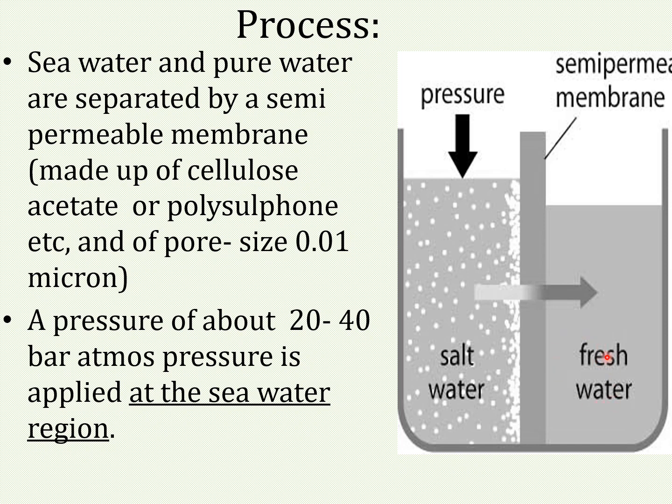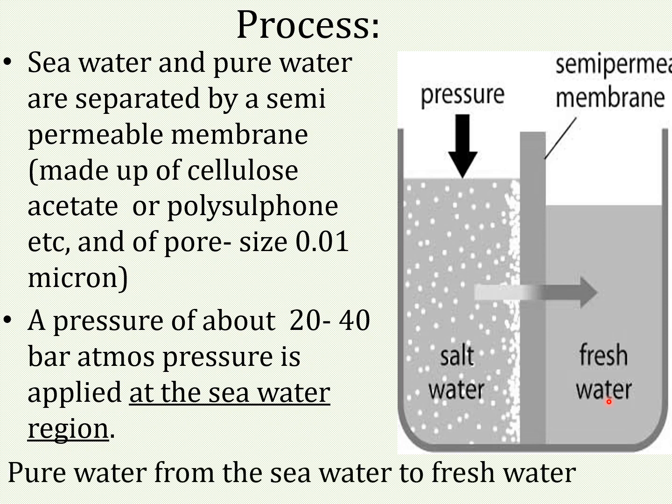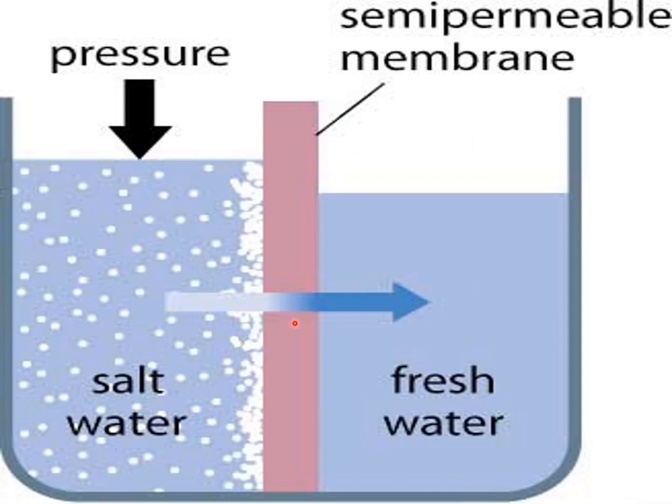After some time, you can see that the freshwater level is moving up and the seawater level is moving down, because we are separating the pure water and collecting it on the freshwater side. So that is how we desalinate the salt water. We have a colored picture here showing the same thing. You can see it here.